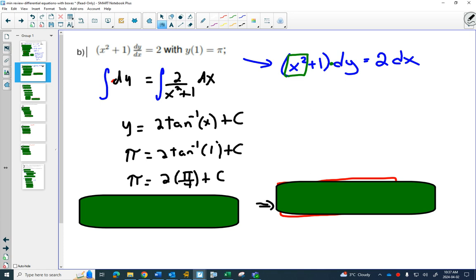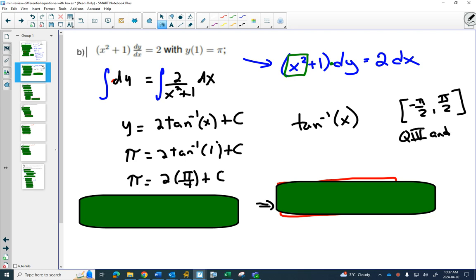But we have to remember that the tan inverse graph has a range from negative pi over 2 to pi over 2. This means you're only going to look at negative angles in quadrant 4 and positive angles in quadrant 1.